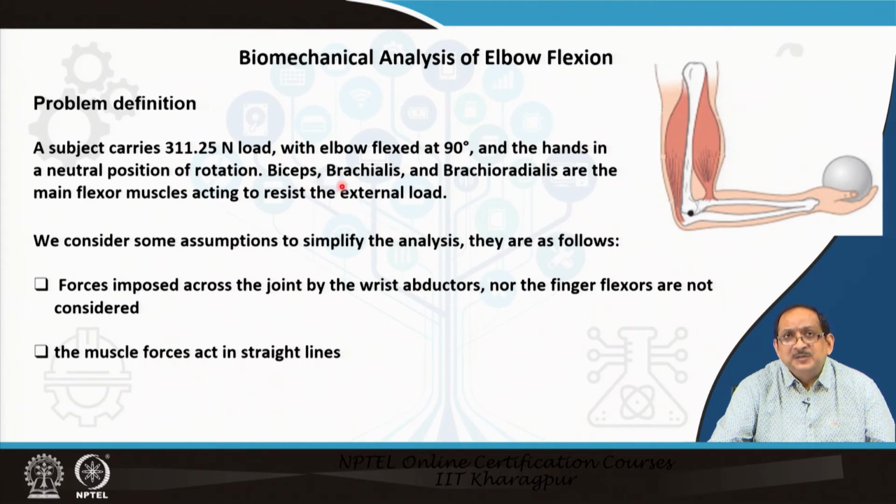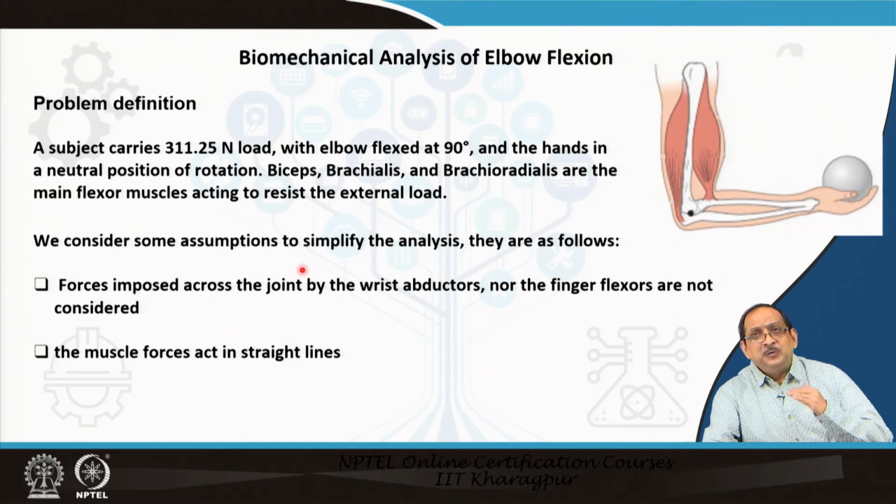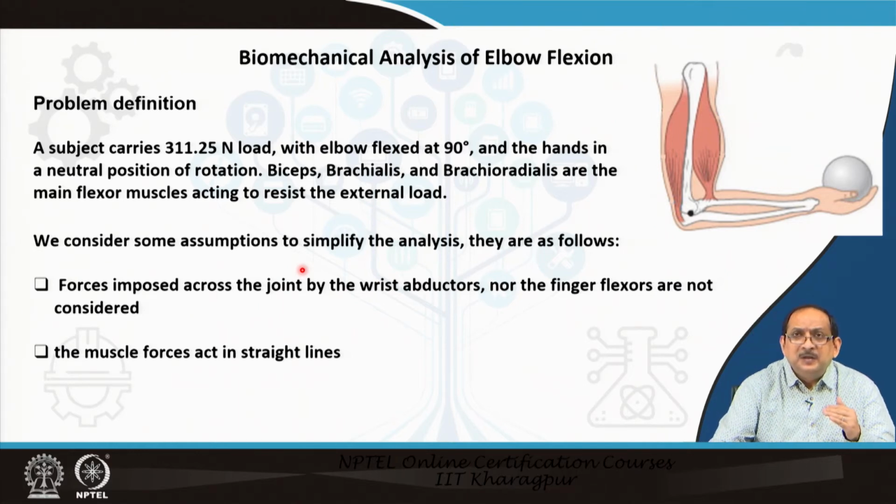The biceps, brachialis and brachioradialis are the main flexor muscles acting to resist the external load. Now, in order to proceed with the problem, we first consider some assumptions to simplify the analysis.